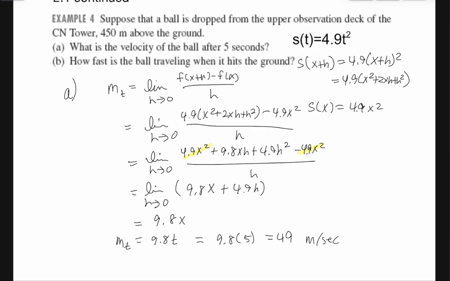So B says, how fast is the ball traveling when it hits the ground? So there's a few different things that we have to figure out for B. Okay. So the first thing you want to think about is what time does it hit the ground?